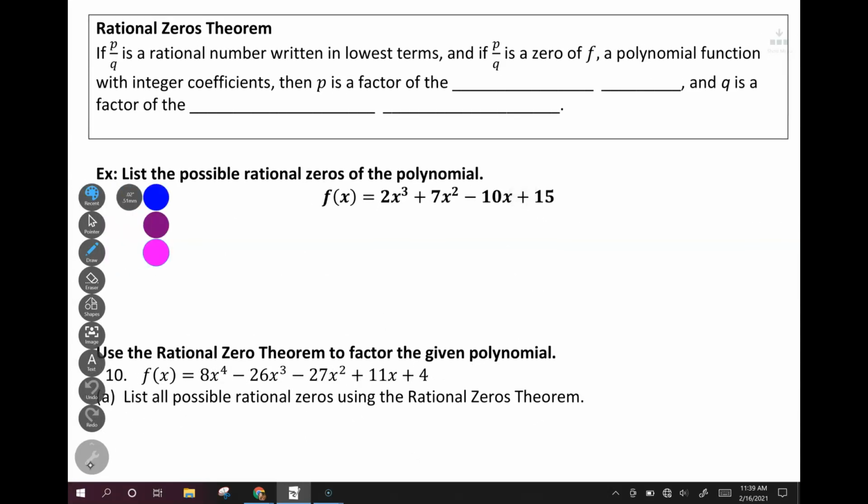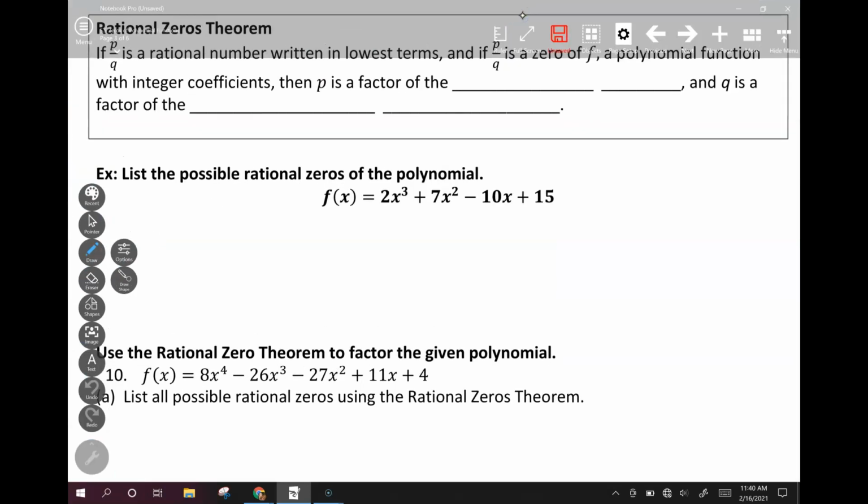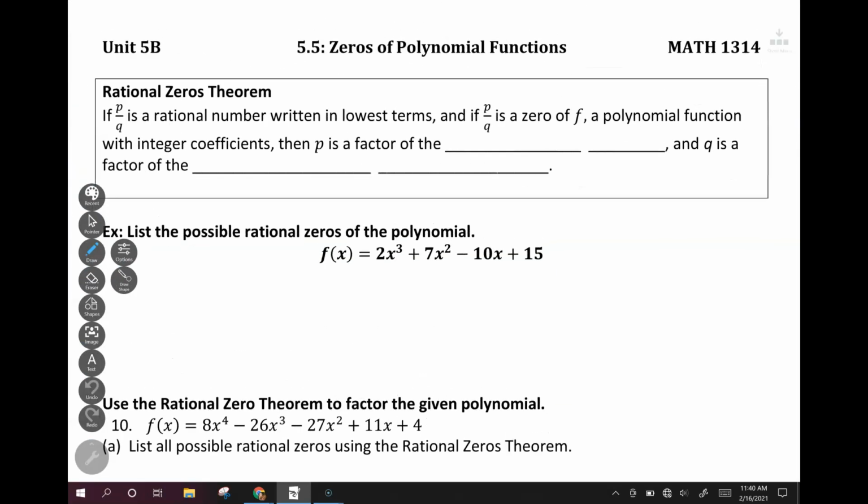So here's what it says. It says if P over Q is a rational number, so a fraction or a whole number, right? Because I can even have like 5 over 1, which would be a rational number. So whole number, fraction, that's a rational number, written in lowest terms.